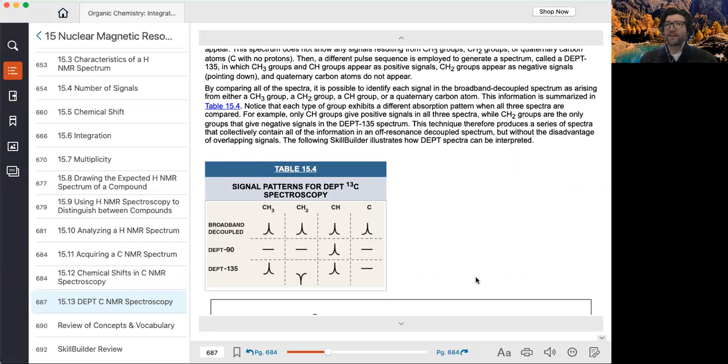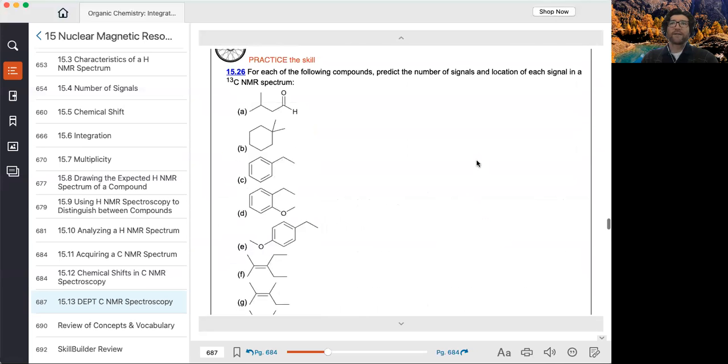CHs are still a positive peak, but you don't have any signals for quaternary carbons, that is, carbons without any hydrogens. So through either the positive or negative characteristics in a DEPT-135 experiment, or the presence of a peak in DEPT-90, you can get an idea for the types of carbons that are present in a molecule. And this was section 15.13.